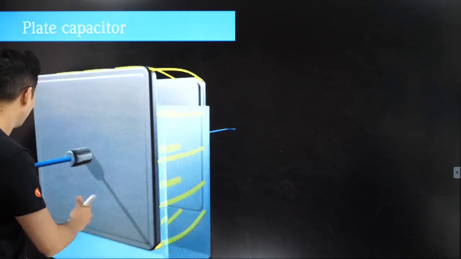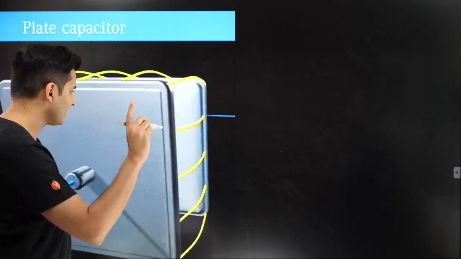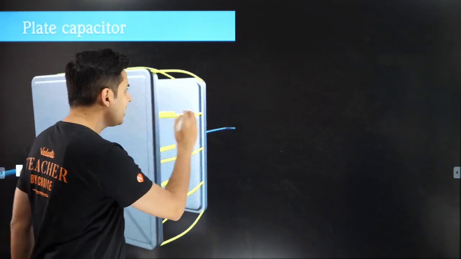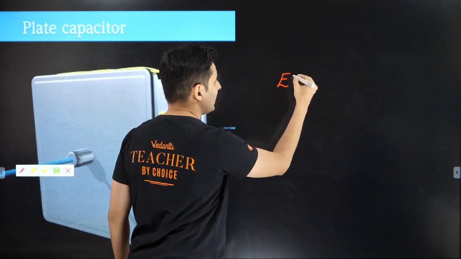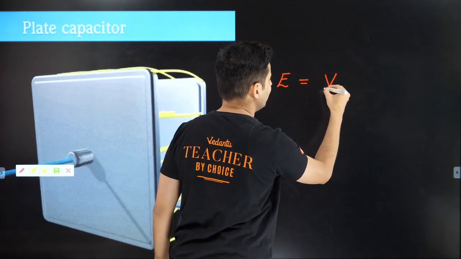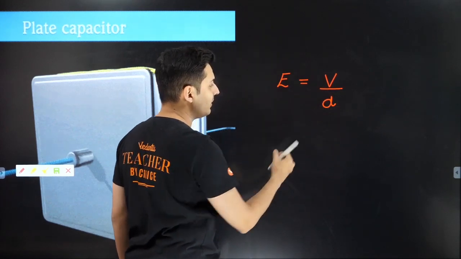All right, that electric field must be formed, and the reason for that is, understand, that electric field is nothing but the voltage difference divided by the distance between the plates.